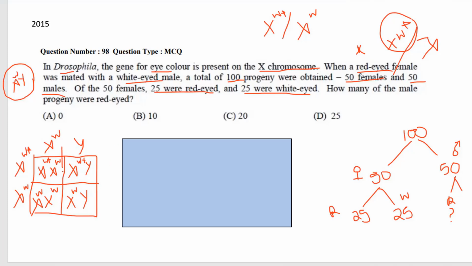This side will be females, these two are females and these two are males. So 50% of the progeny will be female and 50% will be male, which is given.